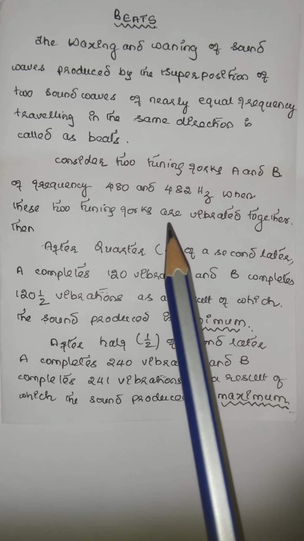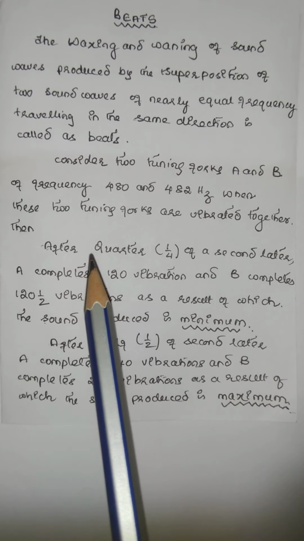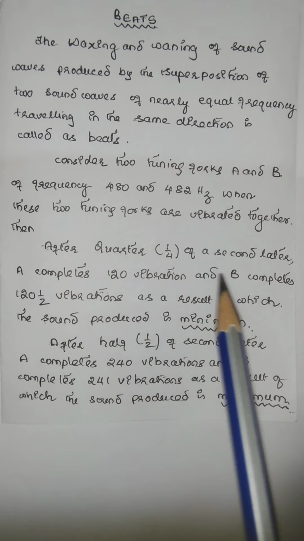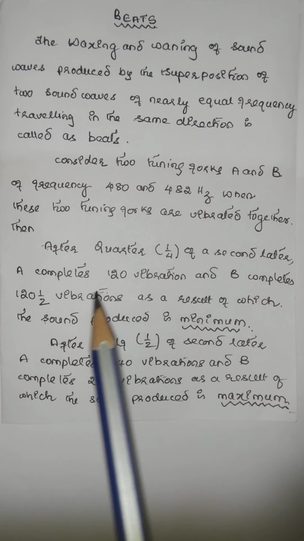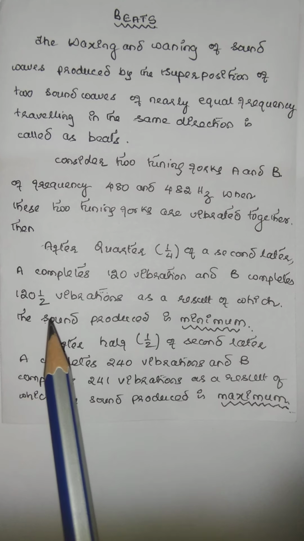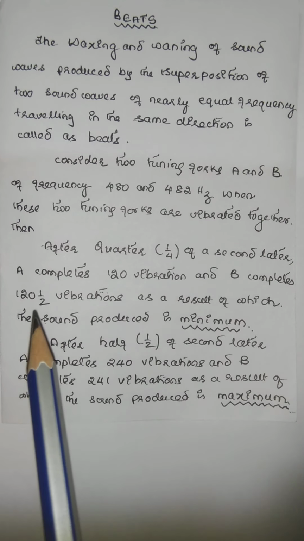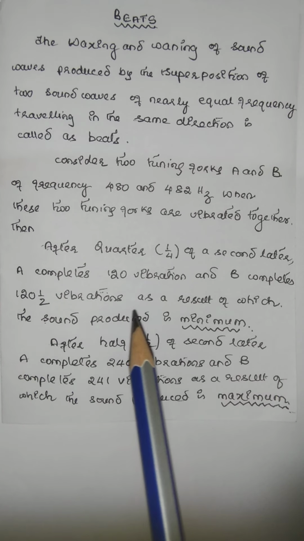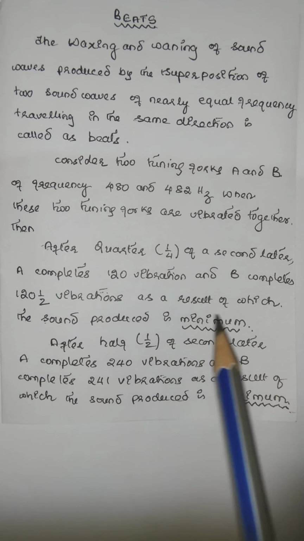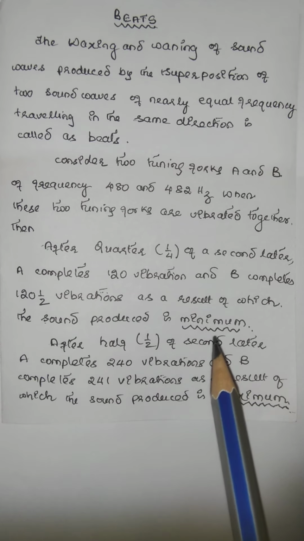When these two tuning forks are vibrated together, then a quarter of a second later, A completes 120 vibrations and B completes only 120 and a half vibrations. As B could not complete the respective vibration, the intensity of sound produced is minimum.